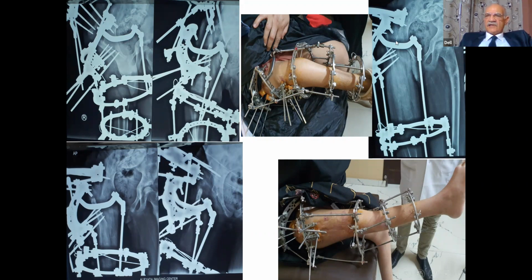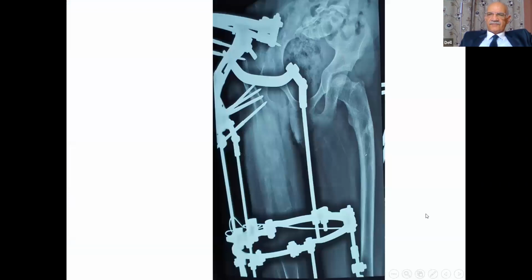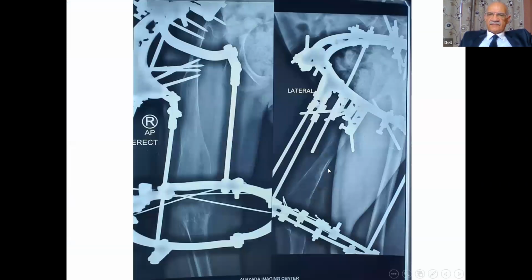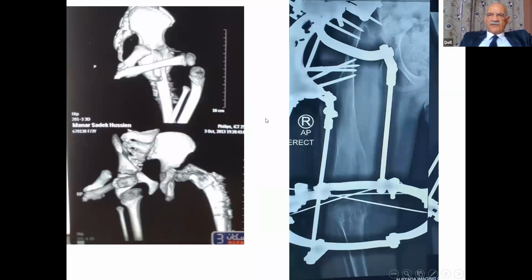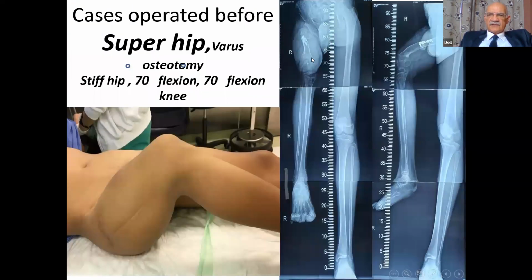So this is the upper part, the middle part. We have chondrodiastasis for 20 centimeters and the correction of the flexion knee. You see here the 20 centimeter lengthening. This is the picture before and this is after.